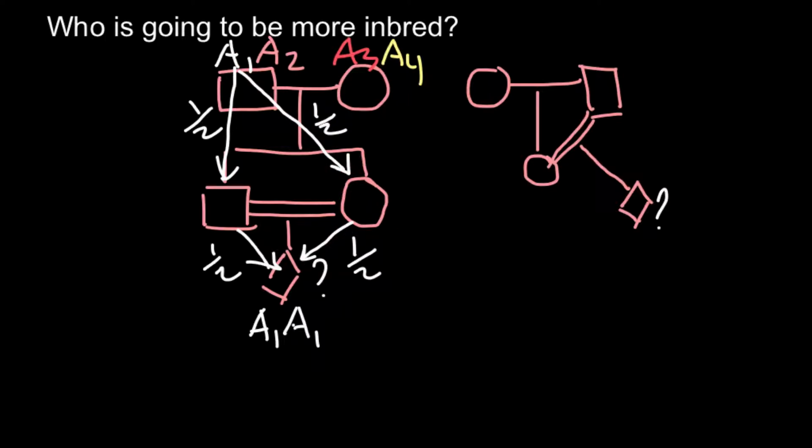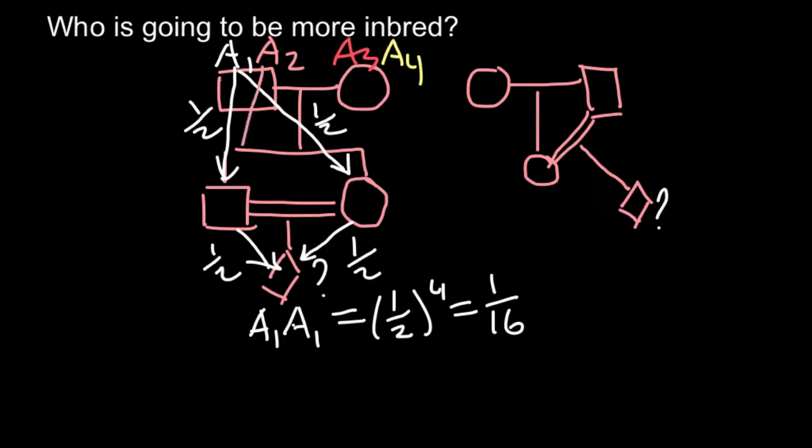So the probability of getting the A1 genotype would be 1/2 raised to the 4th power, and this is going to be 1/16. But also this individual can be homozygous by descent for the A2 allele.